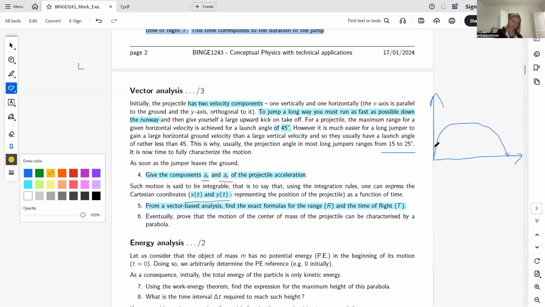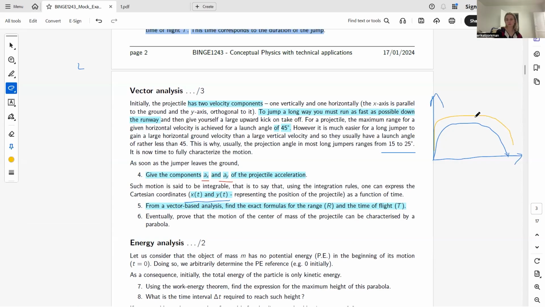I can represent it by a different color. Through this motion, the time that is taken is called time of flight. In this whole movement from the point of projection to the point of landing, initially it is covering maximum vertical height ym in the first half, and in the second half it is moving down the same height ym.